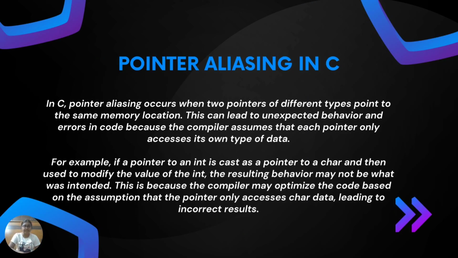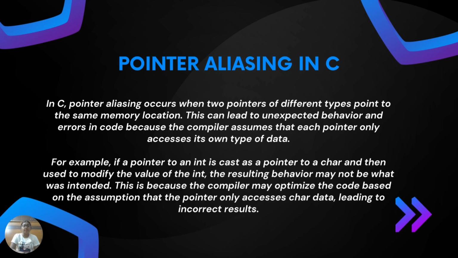Pointer aliasing in C. In C, pointer aliasing occurs when two pointers of different types point to the same memory location. This can lead to unexpected behavior and errors in code because the compiler assumes that each pointer only accesses its own type of data.